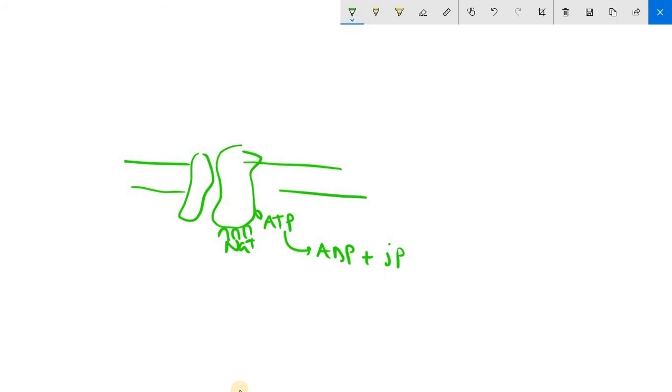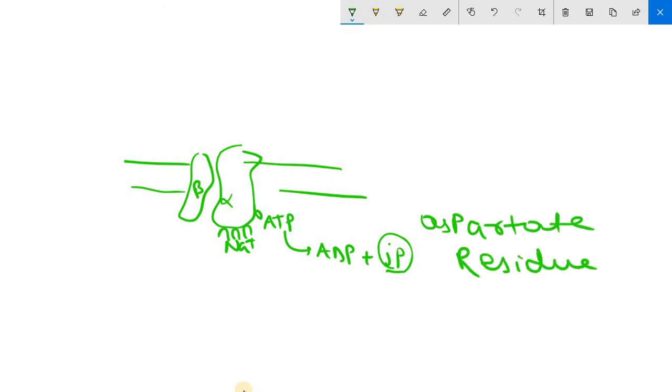This phosphate will phosphorylate the aspartate residue of your alpha subunit.